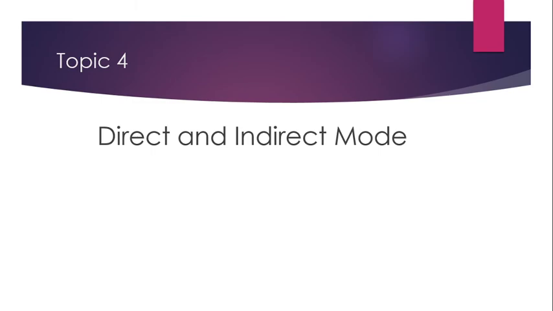Okay, so the last topic is direct and indirect mode. Basically, direct mode or compiler mode is the one in which we get our result. Direct mode, or the compiler mode, is the default mode in GW-BASIC, which executes the command instantly as soon as the Enter key is pressed.